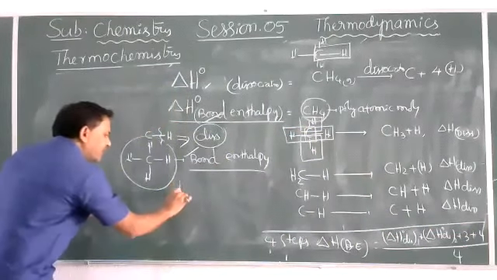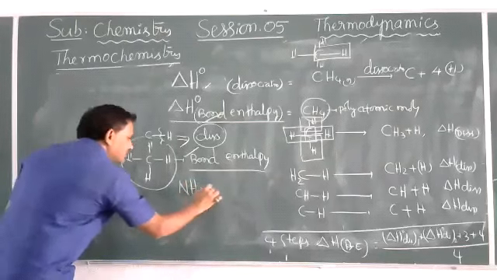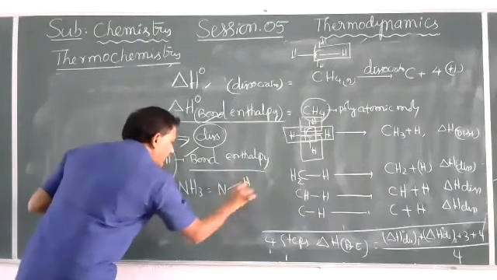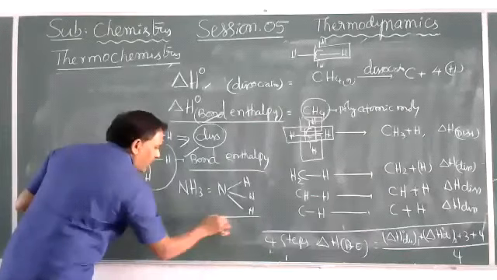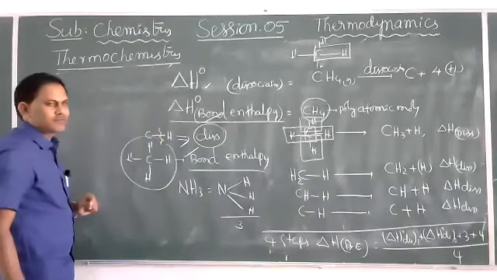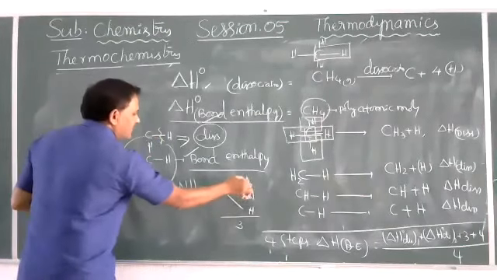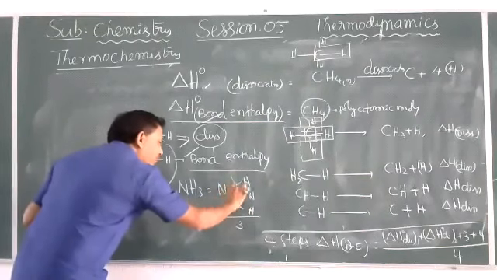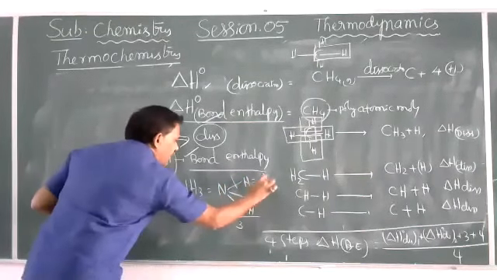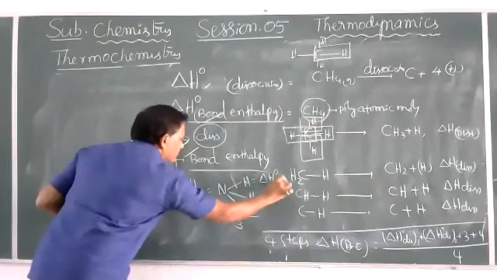If 3 bonds are there, for example NH3, around nitrogen only 3 hydrogen bonds are there, nitrogen hydrogen. That's why we divide by 3. To break only one nitrogen hydrogen bond is called dissociation, that's all.